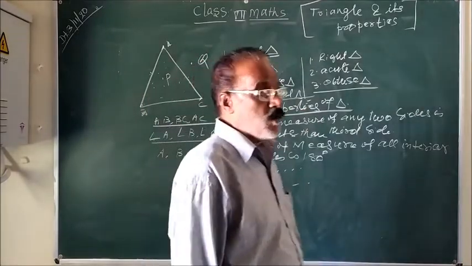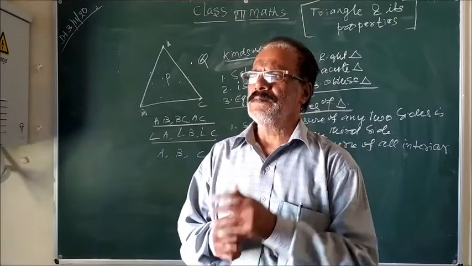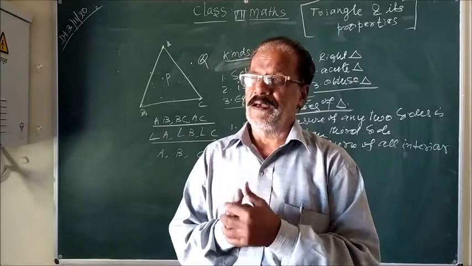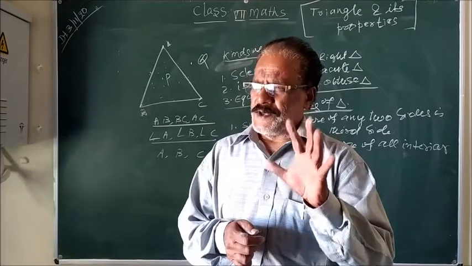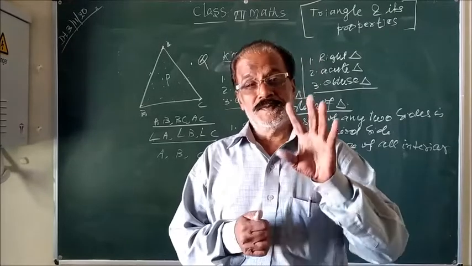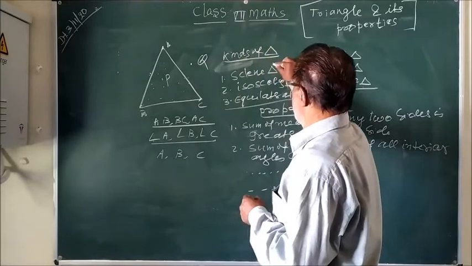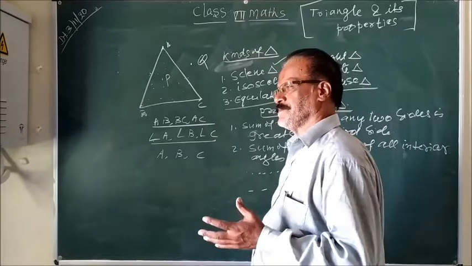Now you see how many kinds of triangle there are. After the definition of a triangle, you should learn the different types of triangle. According to the sides, there are three kinds of triangle: scalene triangle, isosceles triangle, and equilateral triangle.